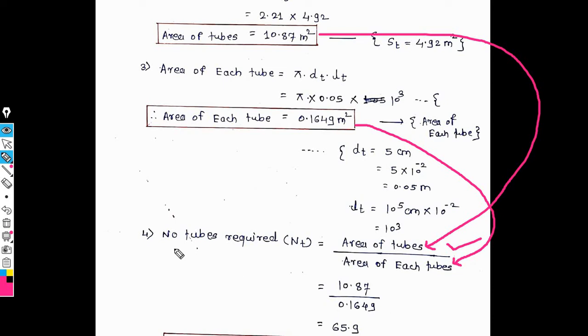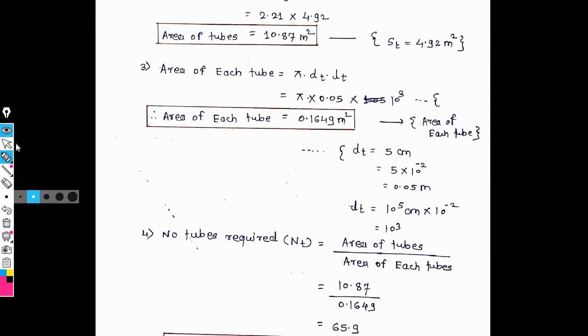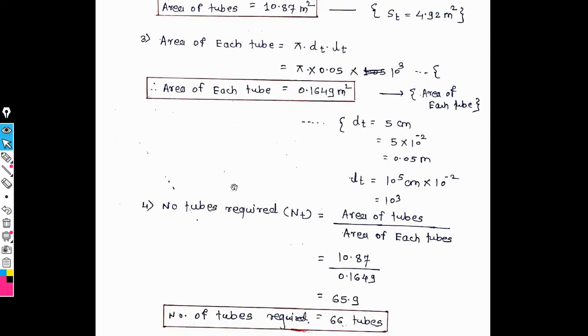Then the number of tubes required for the transformer tank is 65.9, that is 66. That means 66 tubes are required for the transformer. Now this is the problem based on the number of tubes and the transformer tank.